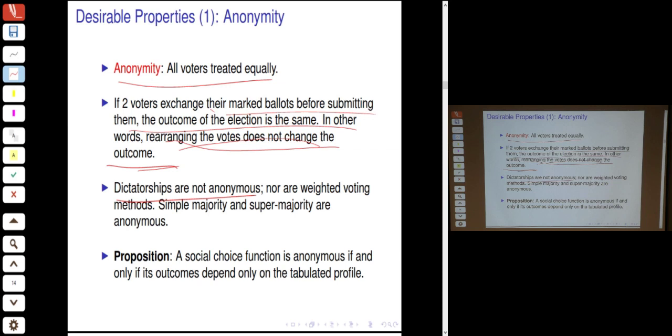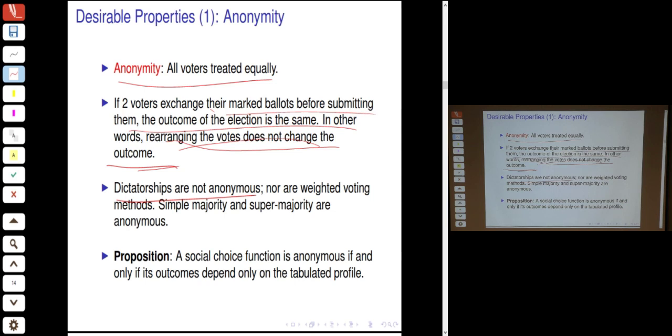Well, simple majority is an anonymous voting method, right? Because you just count which candidate gets how many votes, and if there are two candidates, then the person who gets more votes wins. And clearly, it's the total number of votes which matters.